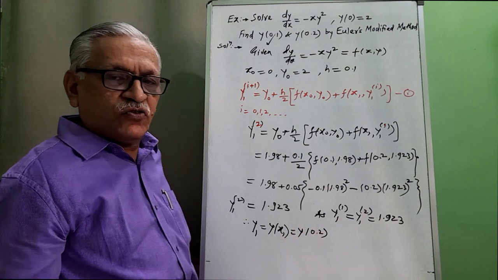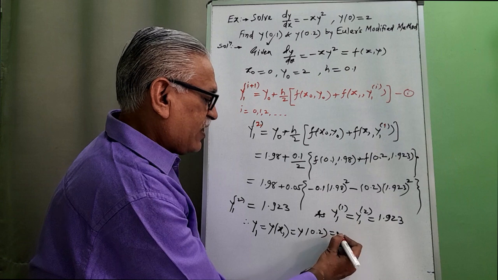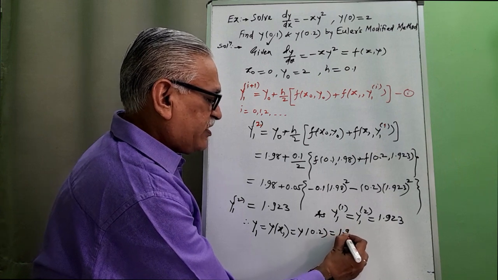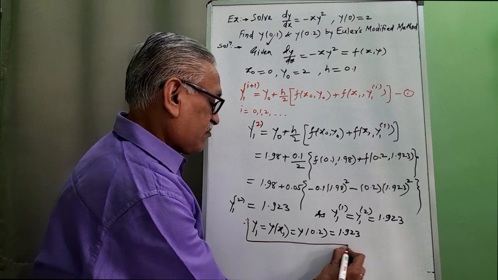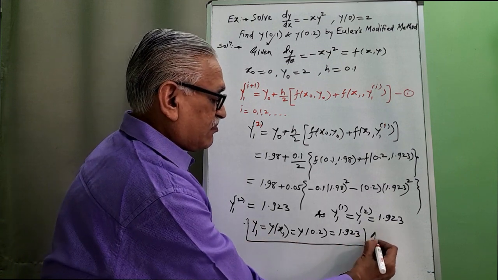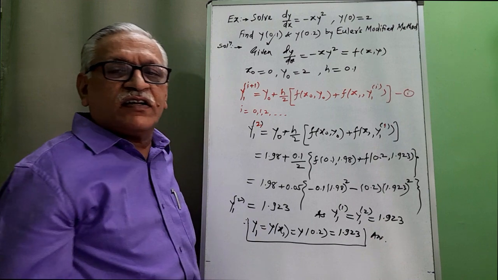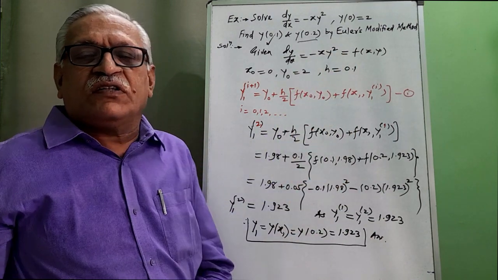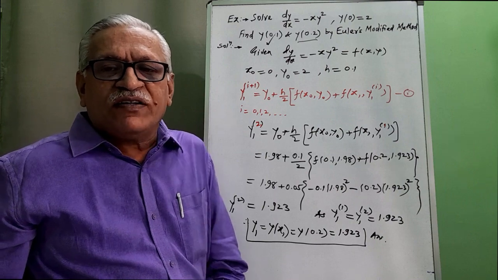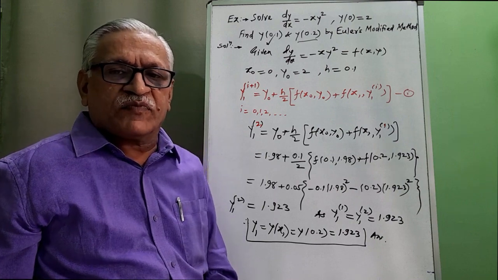Therefore, y at 0.2 we have the value as 1.923, as the required answer for y at 0.2 by applying Euler's modified method formula.